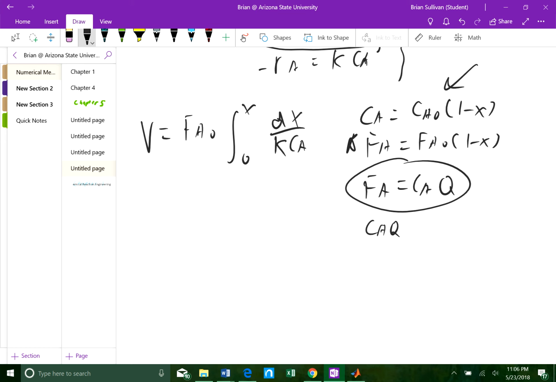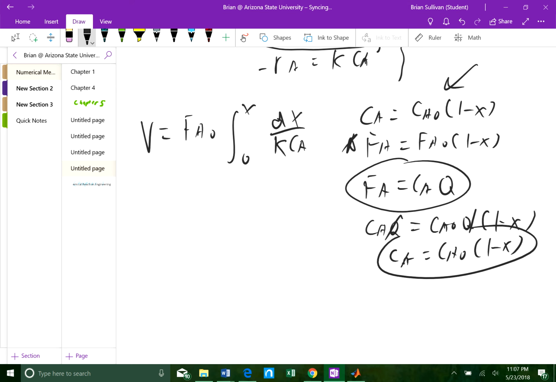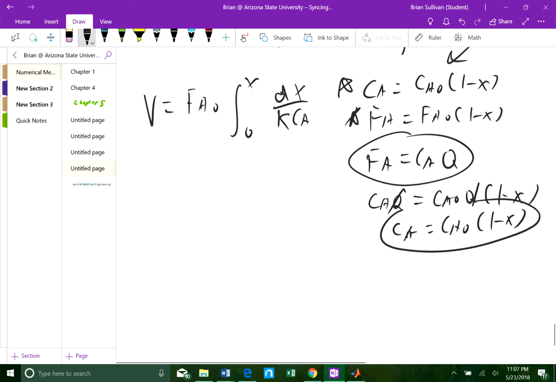CAQ, I mean by this equation, CAO times Q times 1 minus X. And you divide the volumetric flow rates out, hey, look what we got. Like this. So we're okay. This works too. So basically this equation works as well. So we can use that.